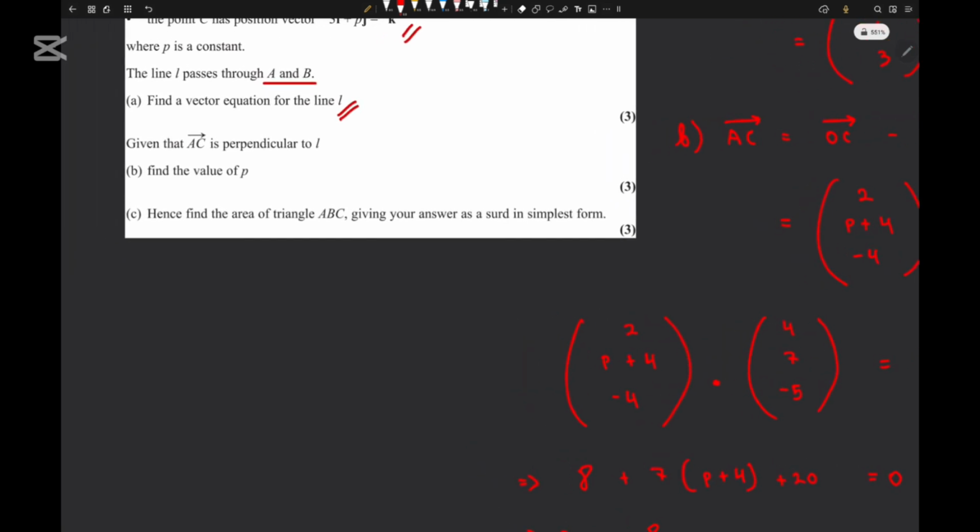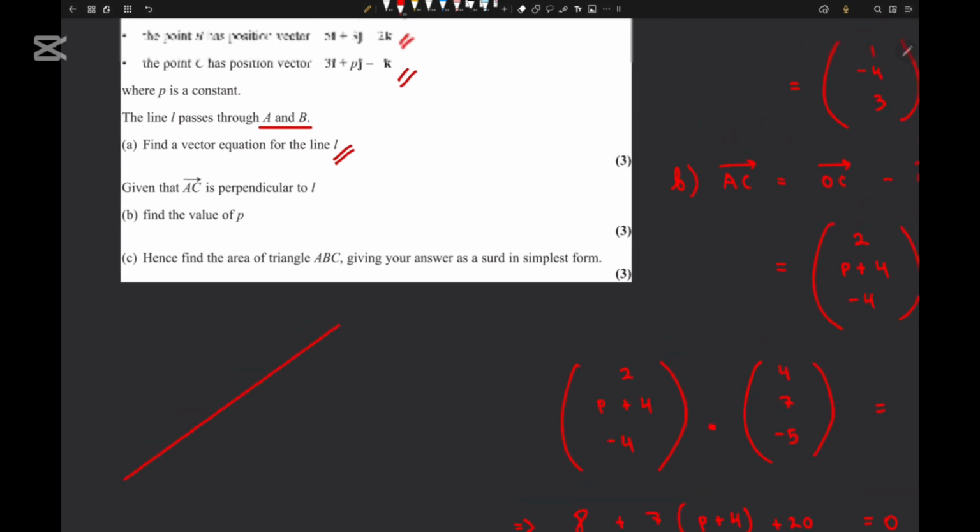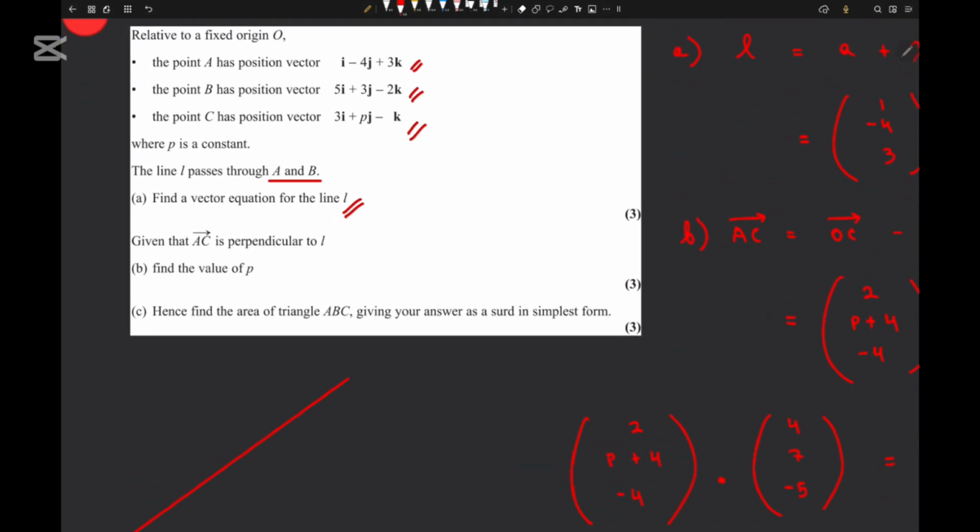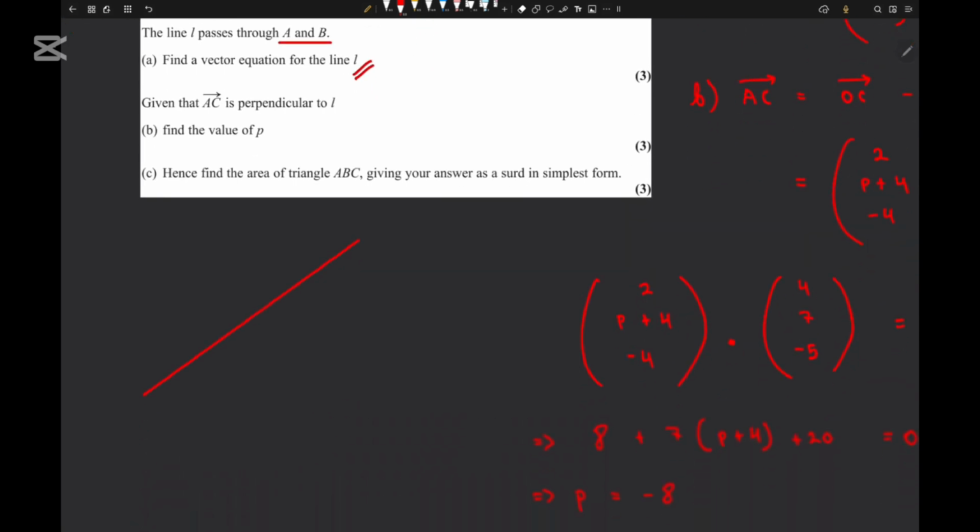Now moving on to the next part, we need to find the area of triangle ABC. Let's assume that this is the line L, and line L passes through A and B. So this is the point A and this is the point B, and we know that the AC vector is perpendicular to line L. So the point C will lie somewhere around this part.